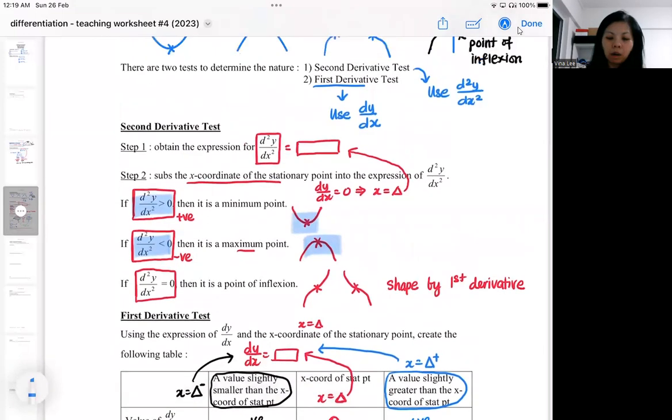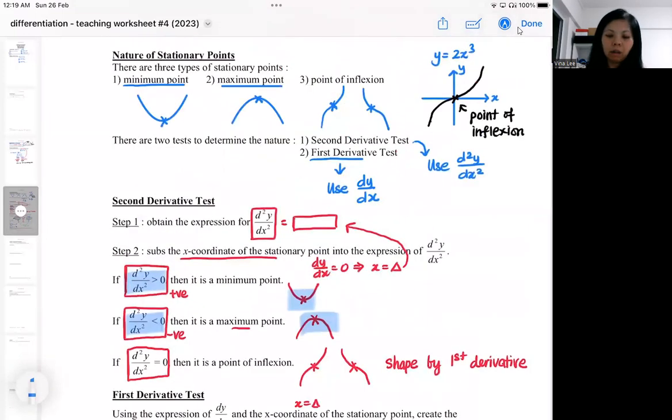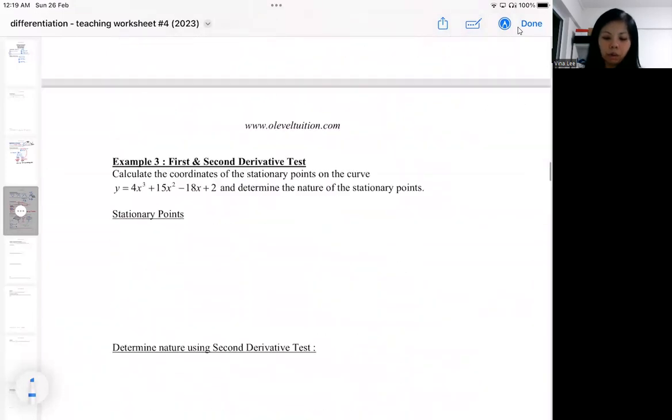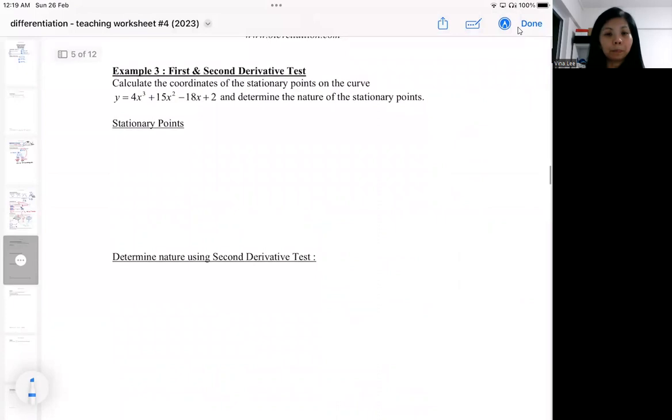Okay, so I'm going to put everything, the stationary point and the nature of the stationary point, into a proper example. So in example 3, we've got a curve equation, and the question is to calculate the coordinates of the stationary points, and we are supposed to determine the nature.